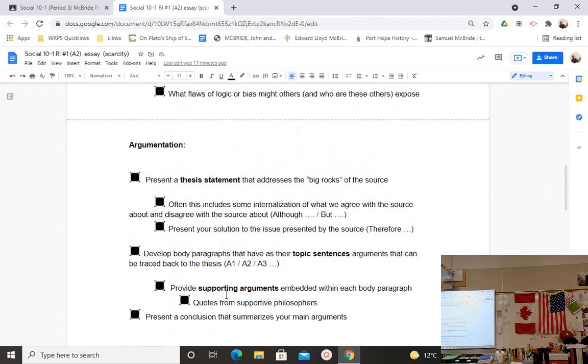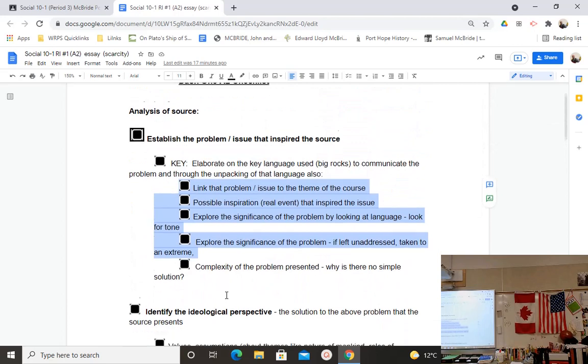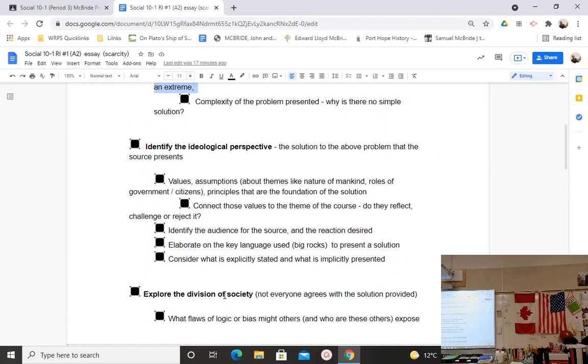One way. And that gets us to the solution part of the assignment. So now that we've talked about the problem, logically, next up we're going to talk about, well, what is the solution to the problem? And the solution to the problem is the ideological perspective. So the problem of the source is kind of like the theme that we're going to be writing an essay on. Common challenges.